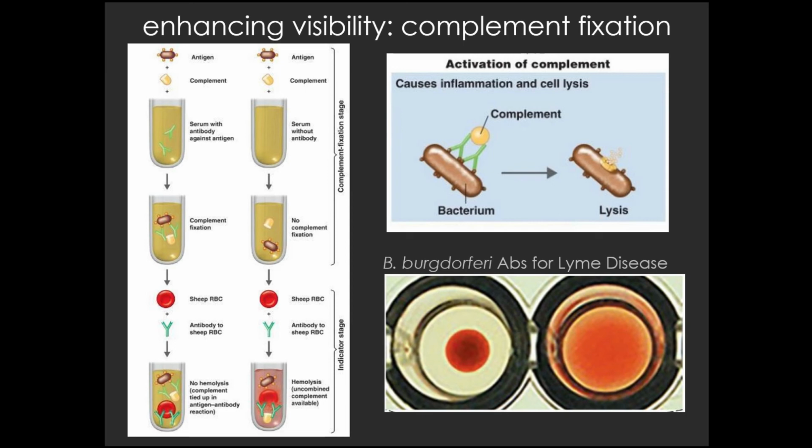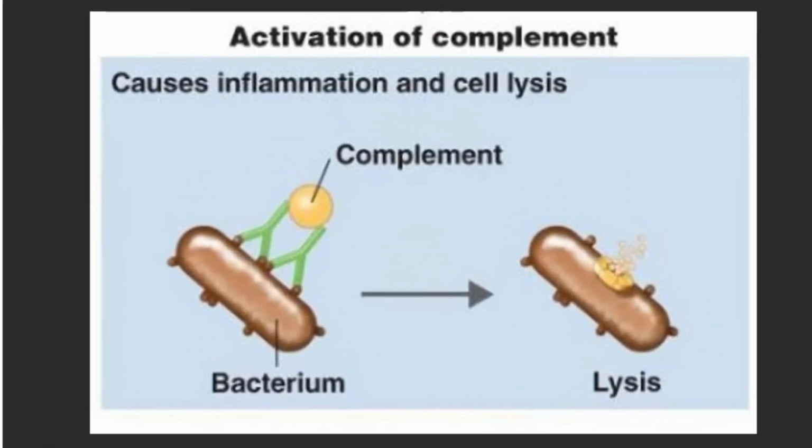In order to understand this particular immunological assay, complement fixation, it's necessary to remember back to both chapters 16 and 17, where we learned about complement and what complement does as part of the innate defenses of the body. Complement, you'll remember, is one of the innate defenses that can be activated in 3 different ways, and upon activation can do 3 different things.